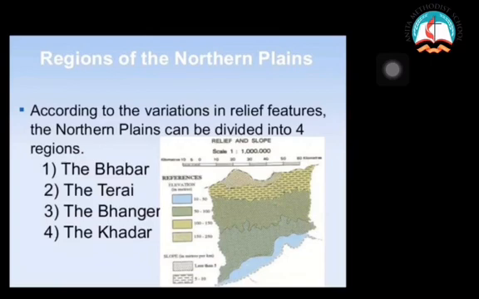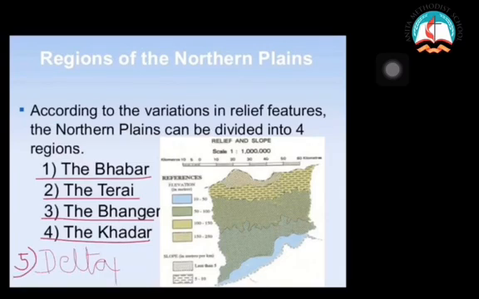The important characteristic features of sediment deposition in the plains areas are as follows: the Bhabar Plain, the Tarai tract, the Bhangar Plain, the Khadar Plains and Delta Plains.